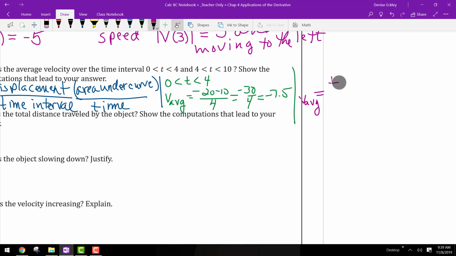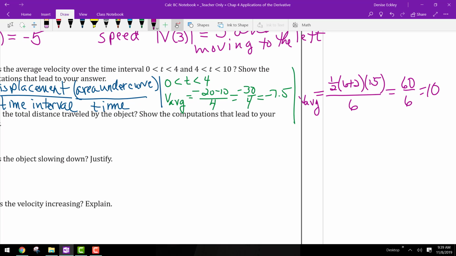So I have 1/2 times 6 plus 2, those are my two bases. You average the bases and then multiply them by the height. And then I'm going to divide it by the time interval, which is 6 units. So I get 60 over 6, which is going to be 10. So those are my two average velocities.